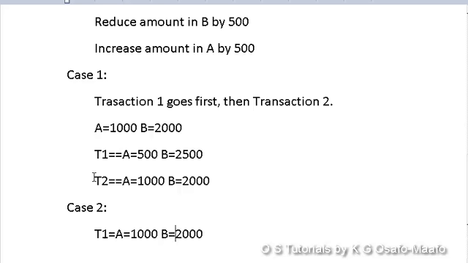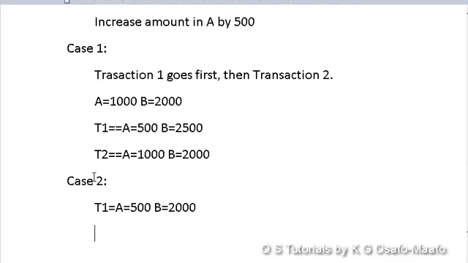Well, I am going to start off by reducing this amount, right? And transaction 2 starts off and says, well, I see whatever is in A and I see what's in B, right?